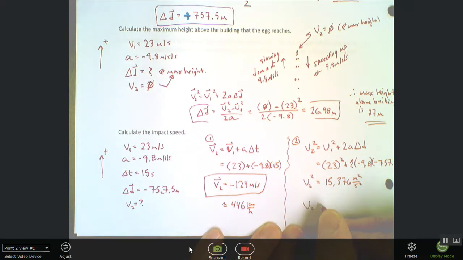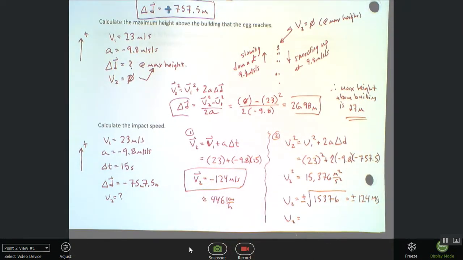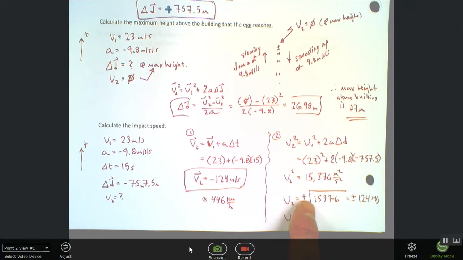To find V2, it's plus or minus the square root of that number. So the answer is going to be plus or minus 124 meters per second if you take the square root of that number. At this point, you have to think about the problem. Remember that anytime you take a square root, there are two roots.